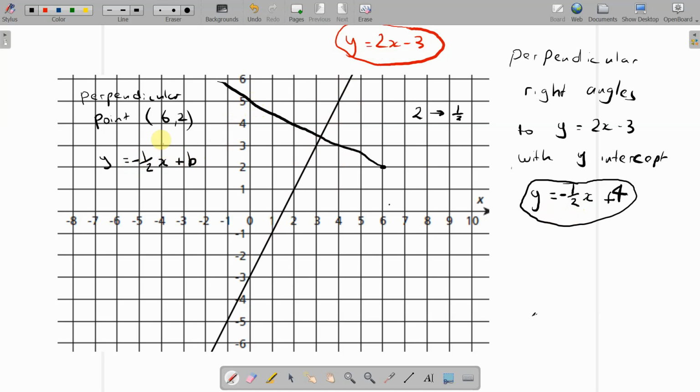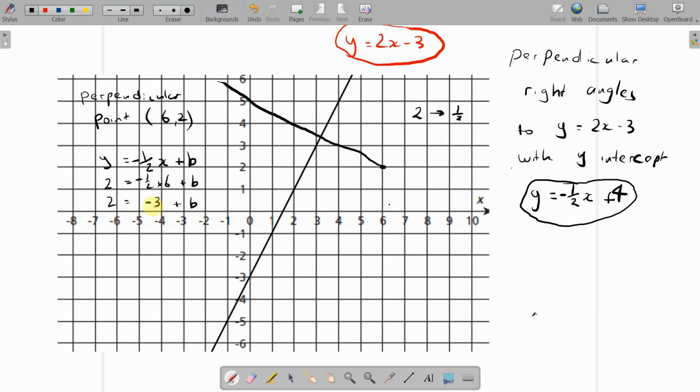We'll see. And as we go through a point, we sub in. So y is 2 equals negative a half times 6 plus the b. So that's 2 equals negative half times 6 is negative 3 plus b.